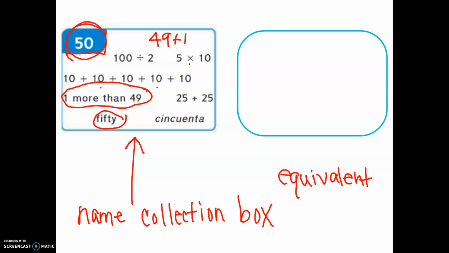And equivalent means equal. What I keep in that box has to equal the name. So I've got a blank one here that we're going to work on together, and I'm going to name it 18. So my task is to add some names for 18.